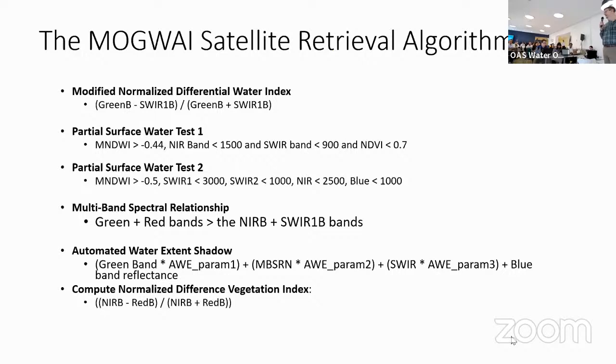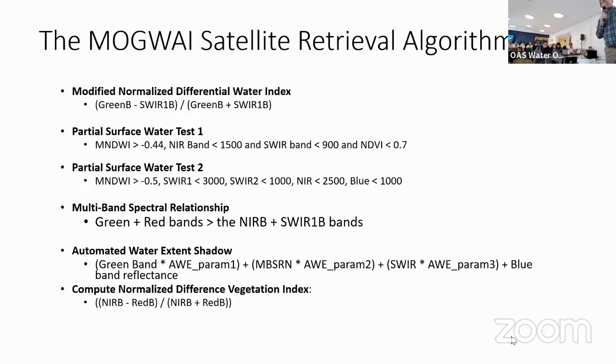That's actually the biggest test. Very simple algorithm. The next thing is there are two partial surface water tests, and it's actually the same test with slightly different thresholds. The reason we do that is there's a conservative value and a non-conservative value. We're just playing with the thresholds to make sure we're teasing out all the water right.